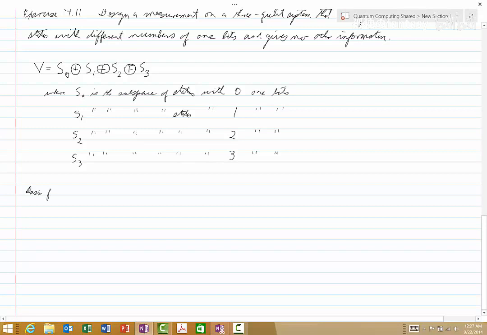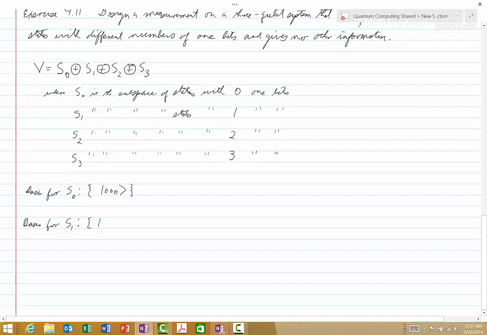Okay, so let's see what we will have. Basis for S0. Well, there's only one state that has no 1 bits, and it is the 0, 0, 0 state. So this is just a one-dimensional subspace. Okay, next let's look at a basis for S1.